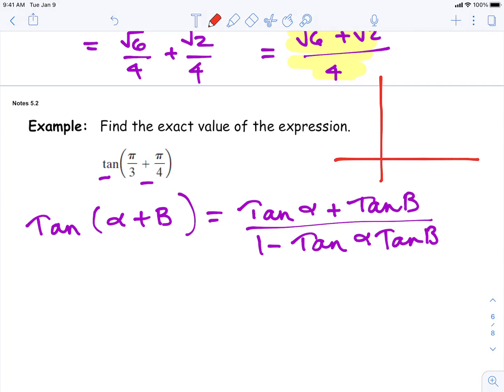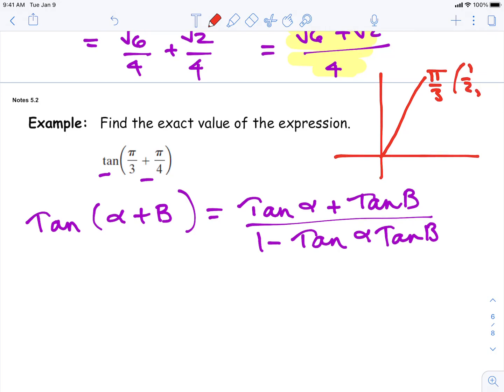So let's start with pi over 3. It has the ordered pair 1/2, square root of 3 over 2. So to find the tangent, I'm just going to go off to the side here. To find the tangent of pi over 3, we have to take the y-coordinate over the x-coordinate.